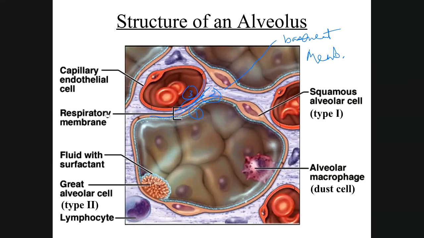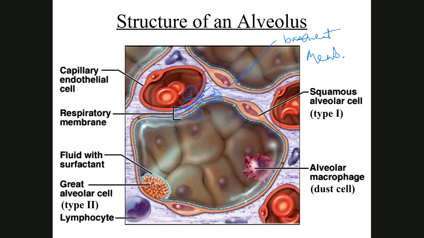So in this case, gas exchange between the blood and the lung. What do we call that? Is that internal respiration or is that external respiration? No, that's not internal respiration. That is external respiration. Okay, so again, one more time.